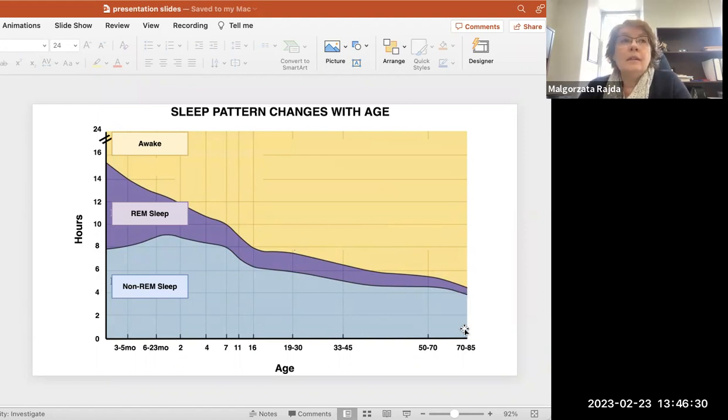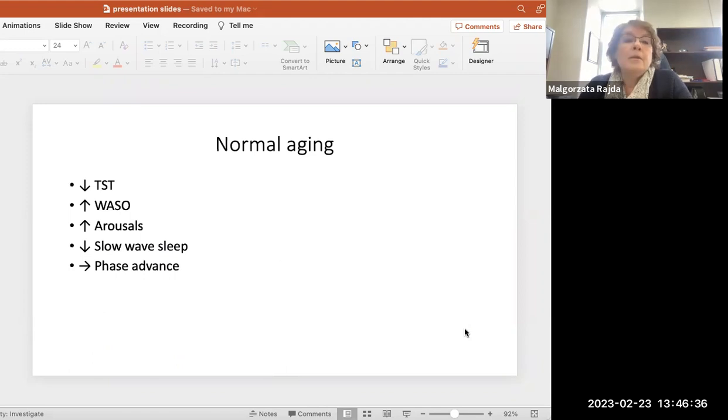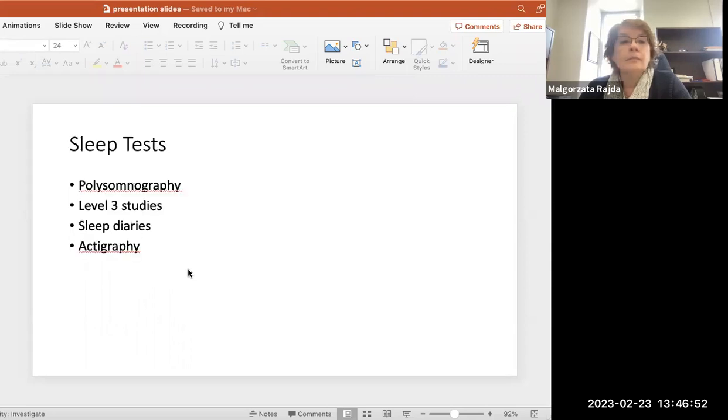And it's key in understanding sleep complaints in our patients who are older. So once again, overall amount of sleep tends to decrease. With age, we spend more time awake during the night. There are more arousals, there is less deep sleep, and there is the advance of the circadian clock.